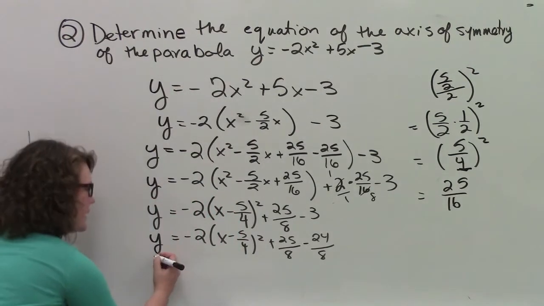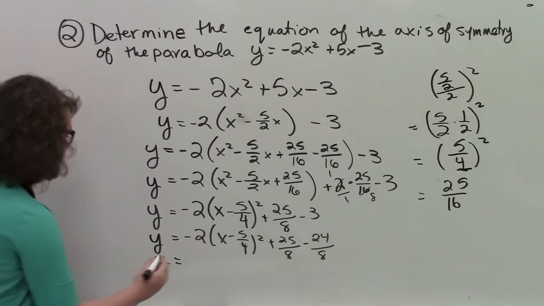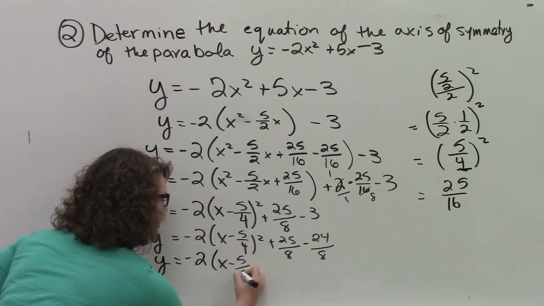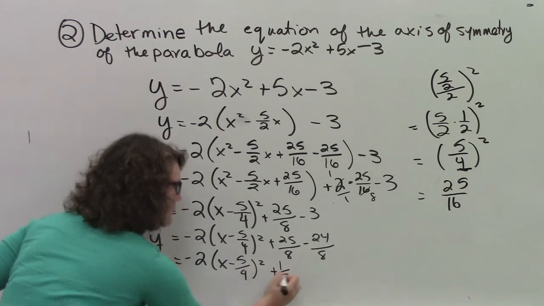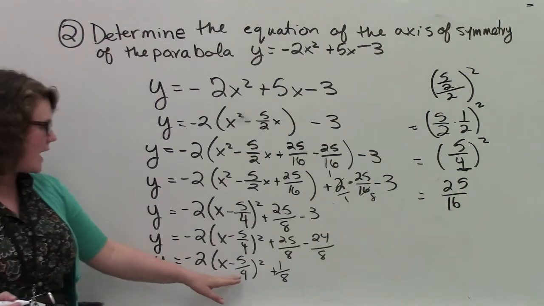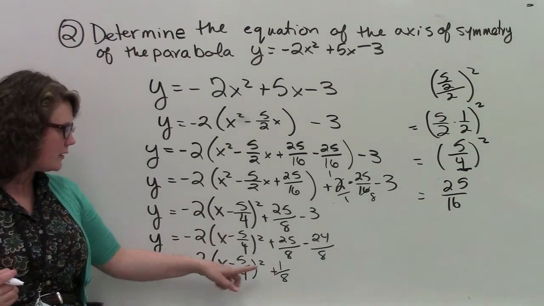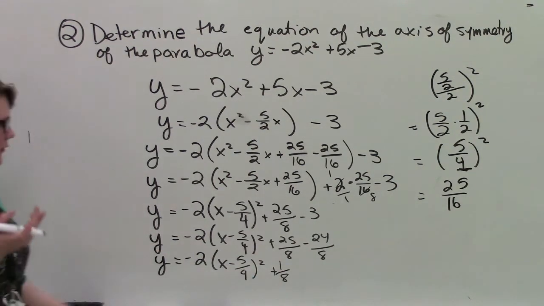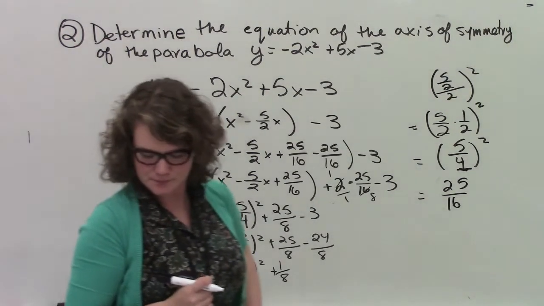So the final completed square version is y equals negative 2 times x minus 5 over 4 squared plus 1 over 8. So we know that my vertex is at 5 over 4, comma, 1/8. Okay, so it goes up 1/8 of a unit, and it goes to the right 5 quarters, or 1 1/4.